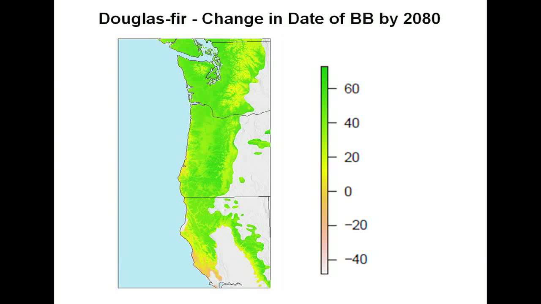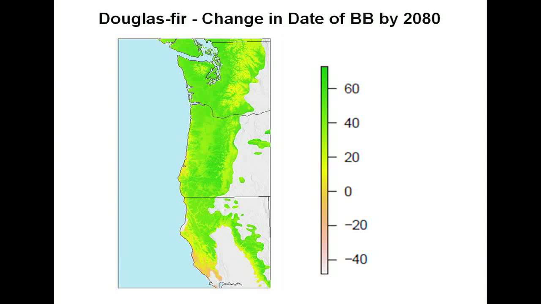So this color ramp now is showing you the change in the date of budburst between the historic values and the 2080 values. And you can see the dark green values are showing 60 or more days advance in the date of budburst, and the yellow is down in the 10, 20, 30 days.